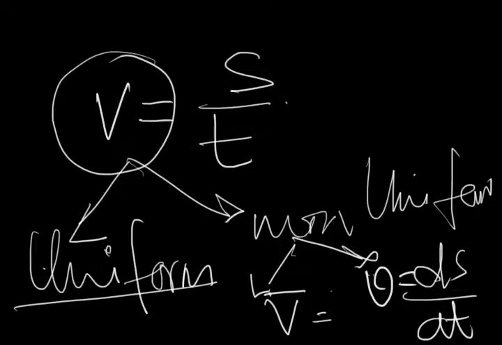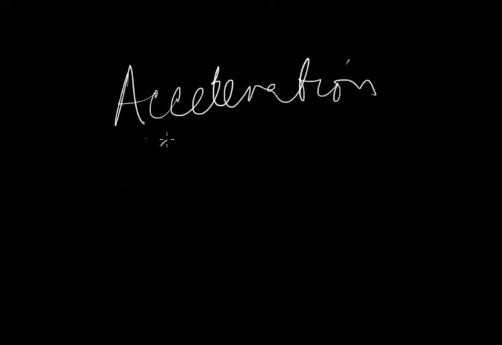Same for acceleration. When we get to acceleration, we need to take the same thing. Same thing means acceleration also has two aspects: one is uniform and the other is non-uniform.